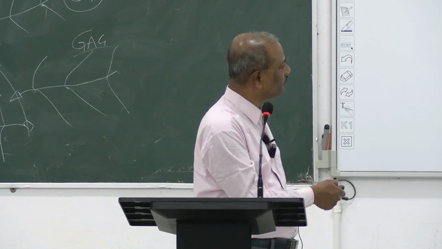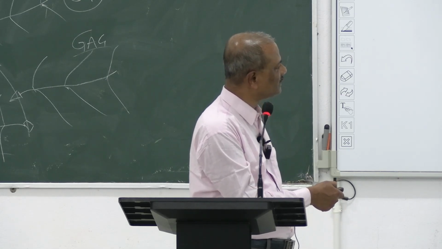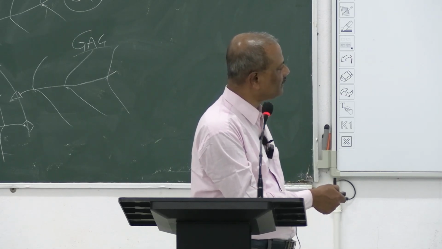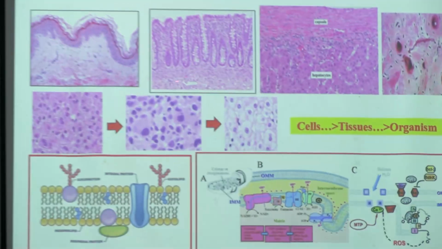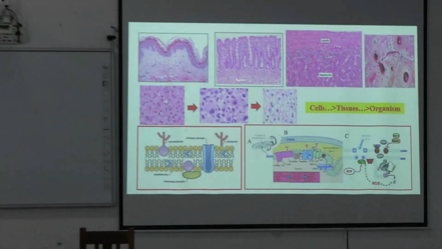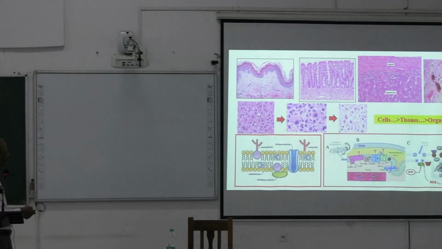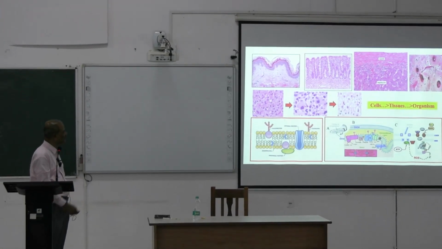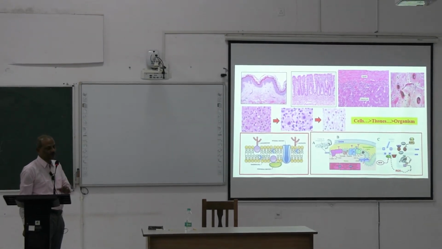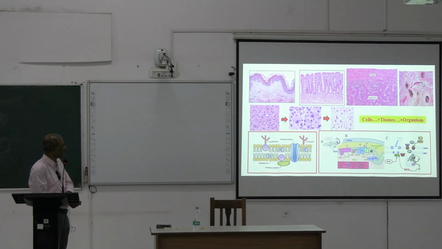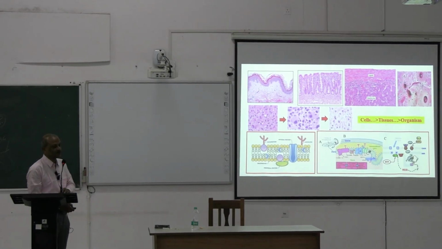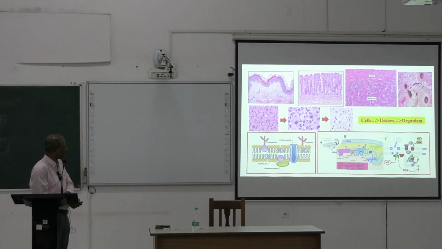Whatever you are seeing between the cells, not all areas are covered fully with cells. So, there are spaces. These spaces are basically the intercellular space or extracellular space, where these extracellular matrix components are present.